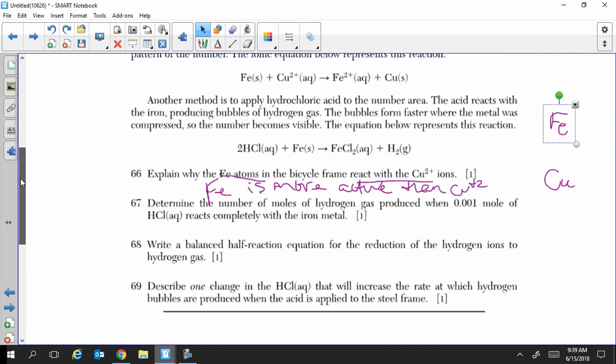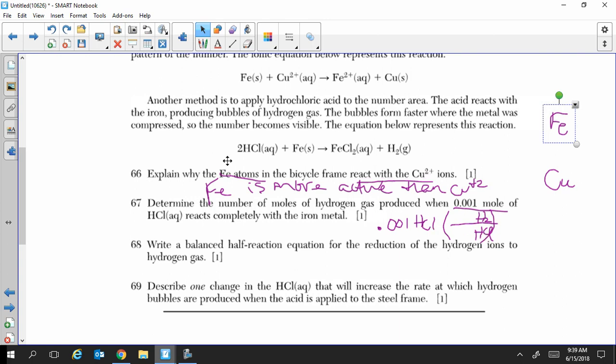All right, determine the number of moles of hydrogen gas produced when 0.001 mole of HCl reacts. So that's a little recipe problem, or stoichiometry. 0.001 HCl is what I'm given, times what I want is H2, over what I have is HCl. So you always do given times want over have.